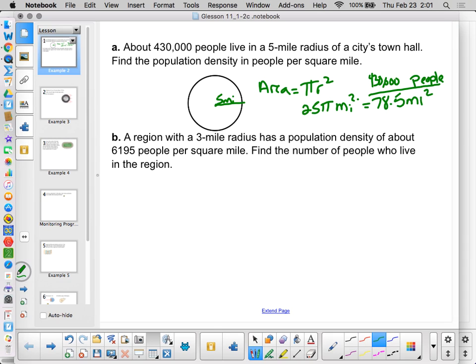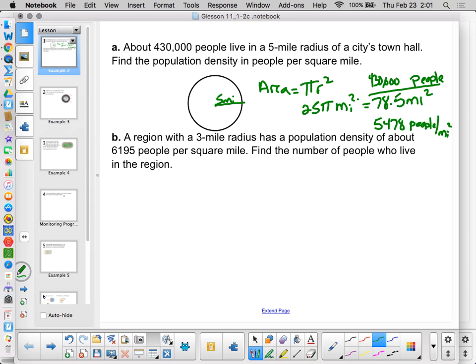So we simply take the 430,000 and divide that by the 78.5, and we get 5,477.7, or 5,478 people per square mile. Okay, that's a density problem, number of people per square mile, and that's a unit cancellation thing like you do in science class, and that's kind of what we're doing here.